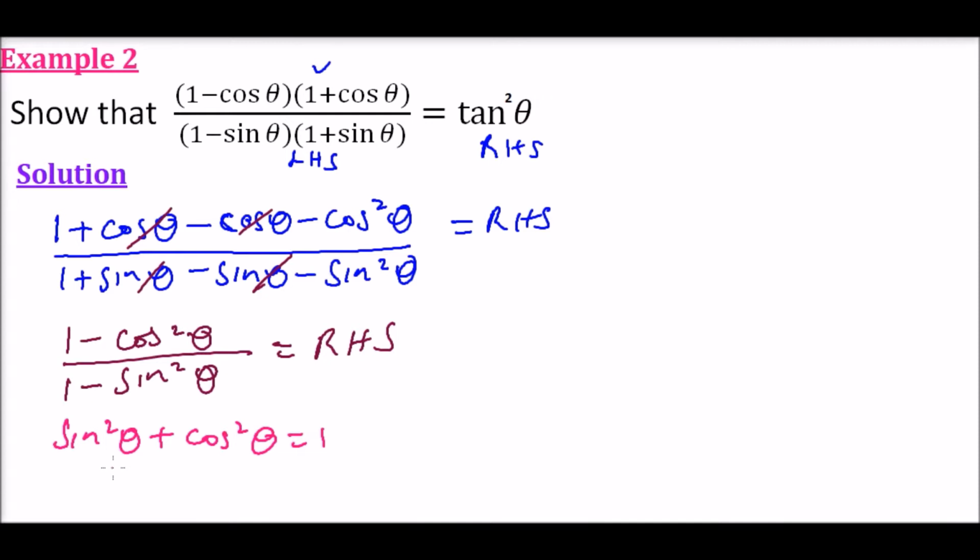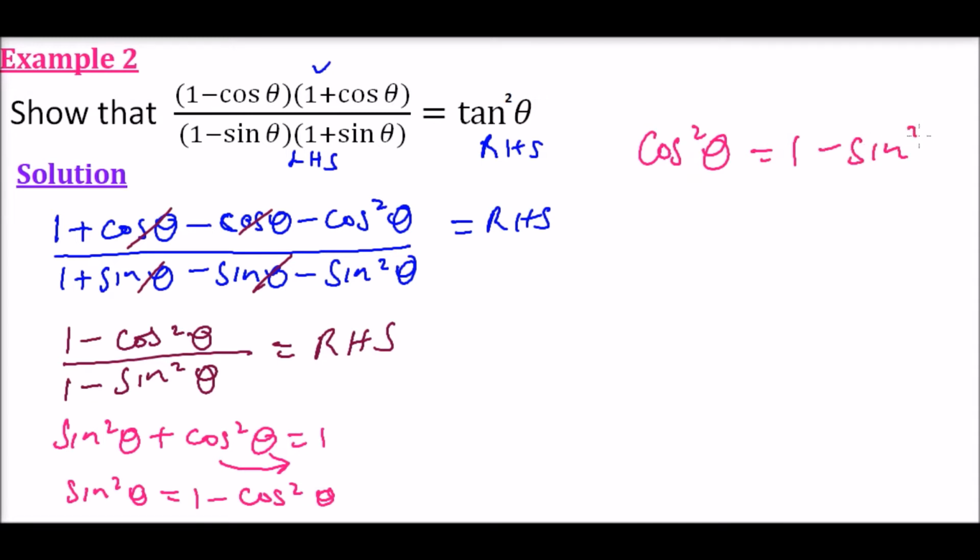So if you take cosine to the other side, it will change to minus. So you have sin squared theta is equal to 1 minus cos squared theta. Again, if we take sine to the other side, we will be left with the cosine. So we have cos squared theta is equal to 1 minus sine squared theta.